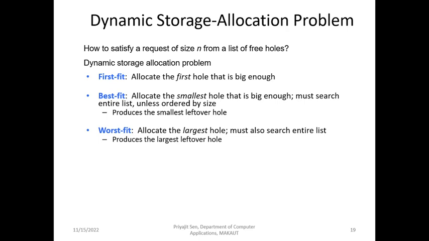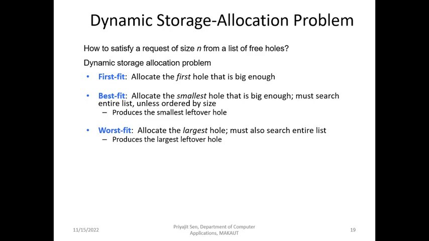So best fit means that the hole size and the process size will be the same, that it will fit exactly. But first fit will tell you to store the process in the first hole, and therefore you are not going to check whether other holes are able to take the process or not. Worst fit means that they will allocate the process in the largest hole.